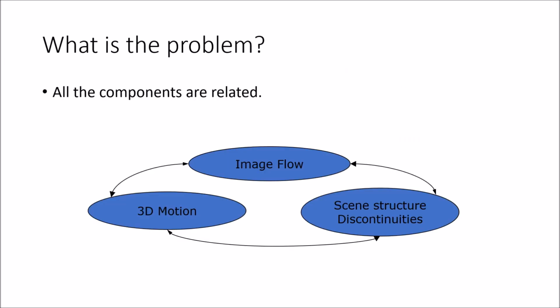The different components, image motion, 3D motion, scene structure and discontinuities are not independent. We can argue from a computational point of view, simply because, for example, image motion is so difficult to compute accurately, we need already the discontinuities and we need to know also 3D motion to get it very accurately.